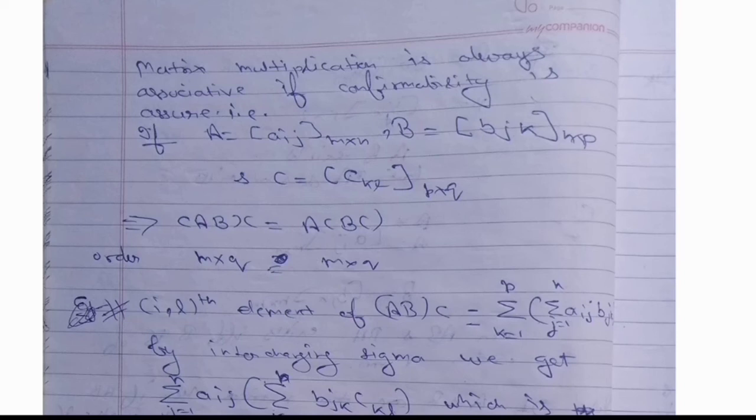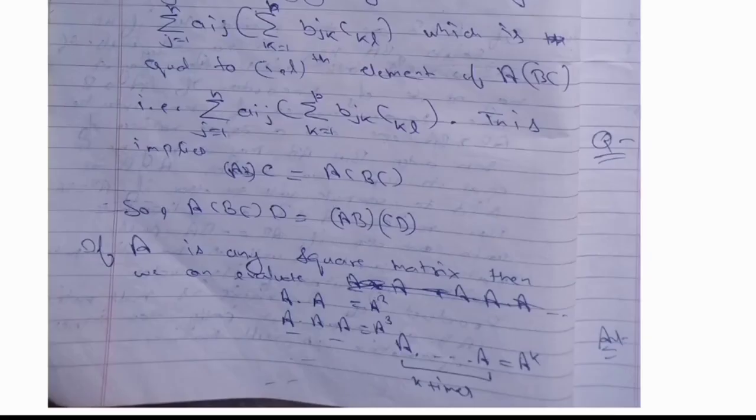By interchanging sigma, we get summation J from 1 to n Aij into summation over K from 1 to p Bjk Ckl, which is equal to the ilth element of A into BC. That is summation over J from 1 to n Aij summation over K from 1 to p Bjk Ckl. This implies AB into C is equal to A into BC.